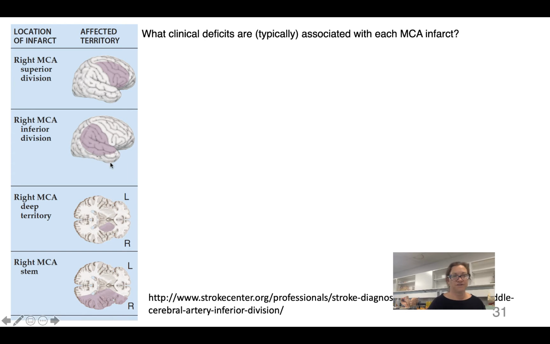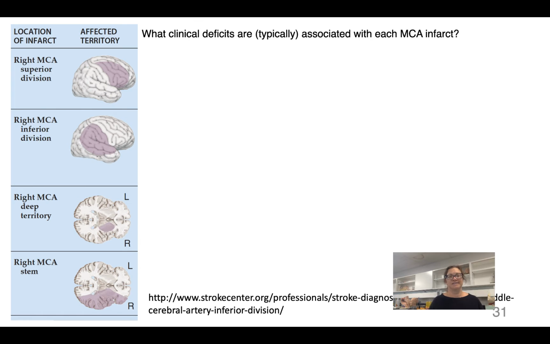The inferior division stroke, in contrast, if it's on the dominant hemisphere, here it's shown on the right, will result in Wernicke's aphasia. In the non-dominant hemisphere, it does some interesting things.